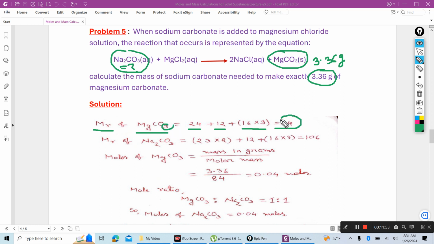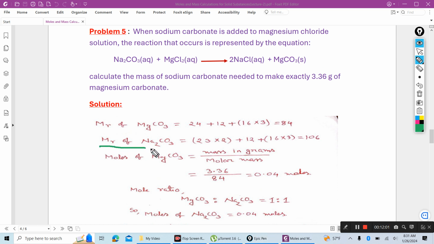You will get 84 relative molecular mass of magnesium carbonate. Then relative molecular mass of sodium carbonate. Sodium 23 times 2 plus carbon 12 plus oxygen 16 times 3, you will get 106.